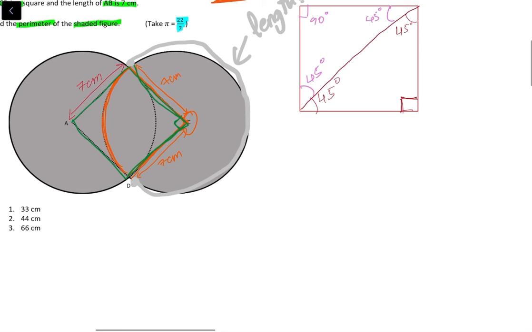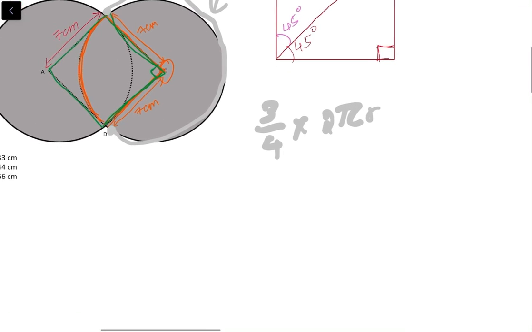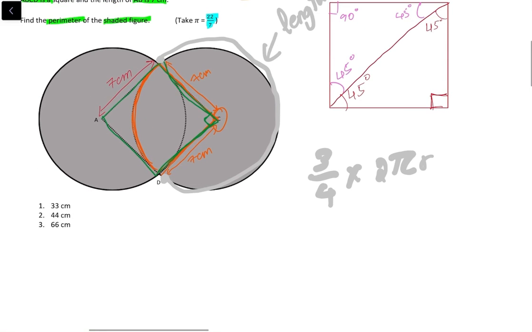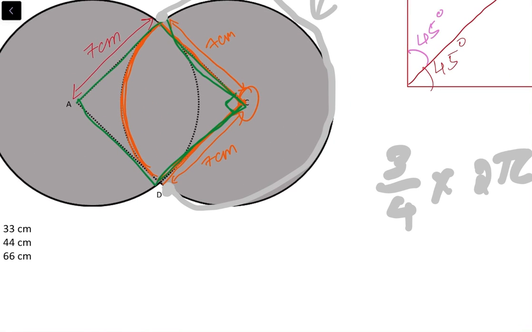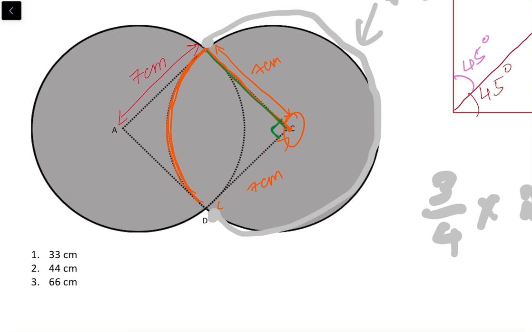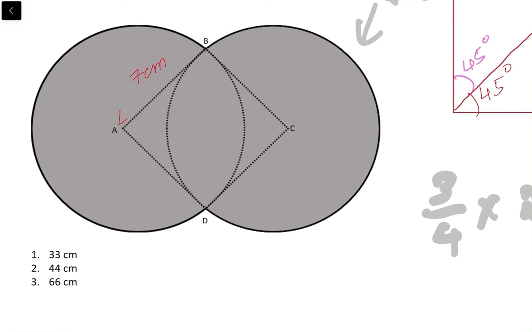So basically what we have to do is find 3/4 of the circumference, which is 2 pi r. In this case, it is given that the radius, or the length of the square, is 7 centimeters. C is the center point and CD is the length of the square, which is 7 centimeters. C is the center point of the circle.